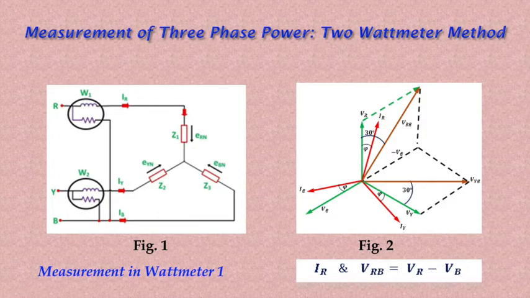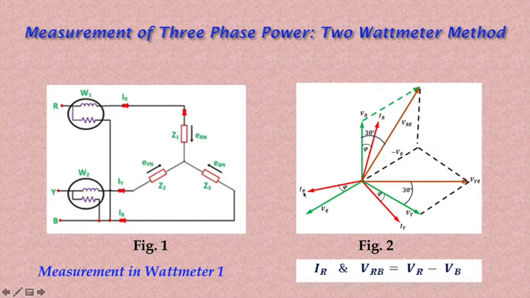The total instantaneous power absorbed by the three loads Z1, Z2, Z3 is equal to the sum of the powers measured by the 2 wattmeters, W1 and W2. The instantaneous current through the coil of wattmeter W1 is IR, and the instantaneous potential difference across the potential coil of wattmeter W1 is VRB.